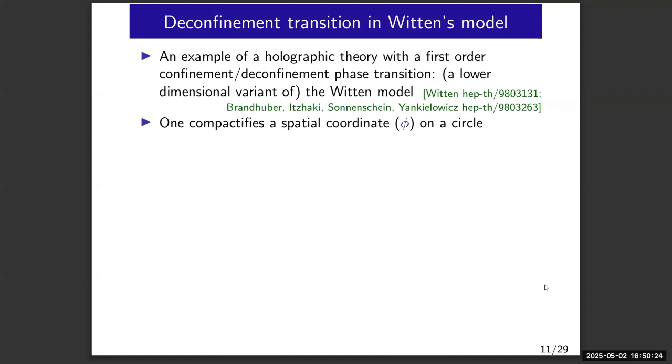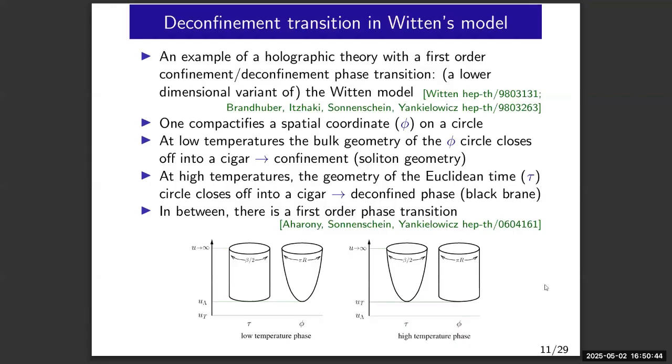I will be using a 5-dimensional variant of this. I'm not writing the metric here, but it's a 5-dimensional gravity solution with one compactified spatial coordinate. And the picture which arises looks like this.